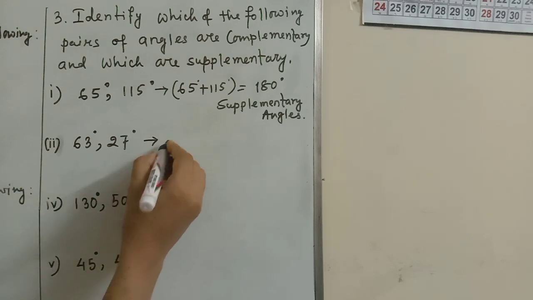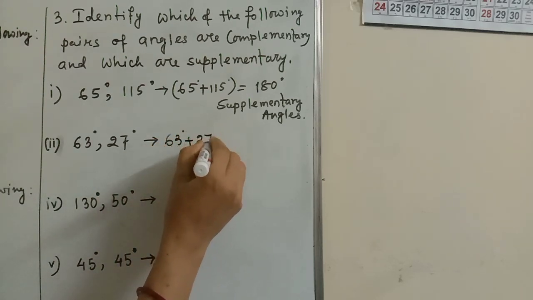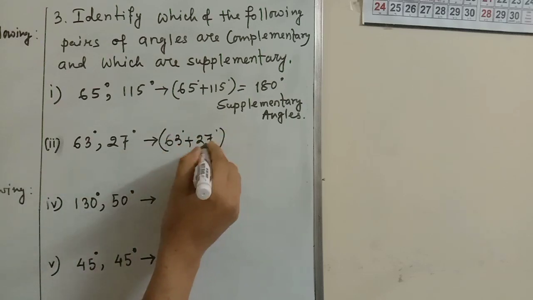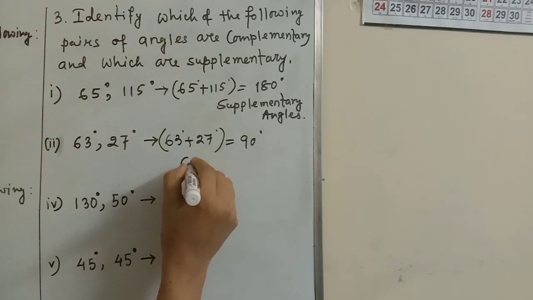The same way, if you add 63 degrees plus 27 degrees, you will get 90 degrees, so they are complementary angles.